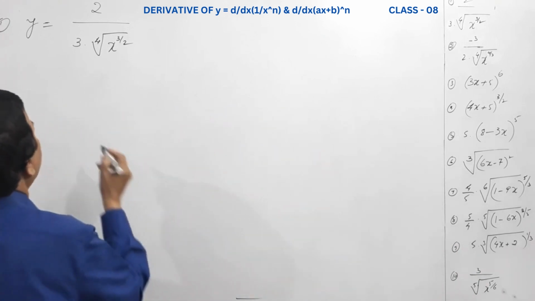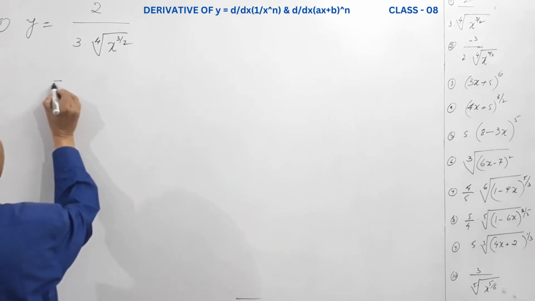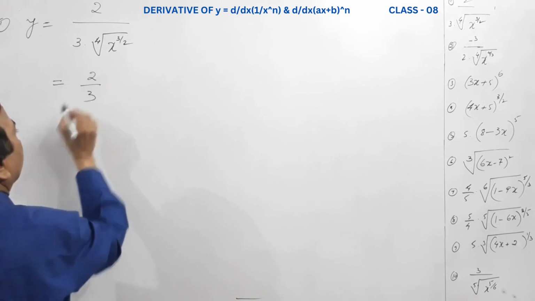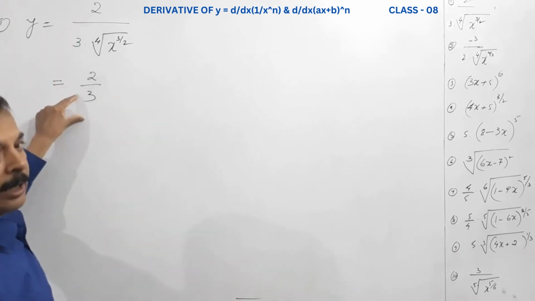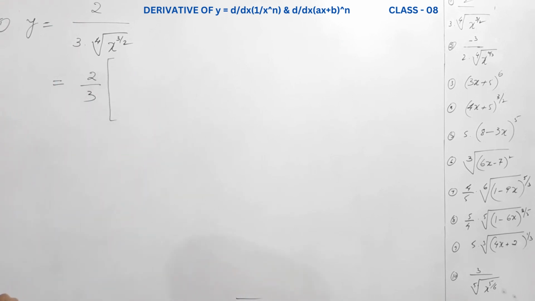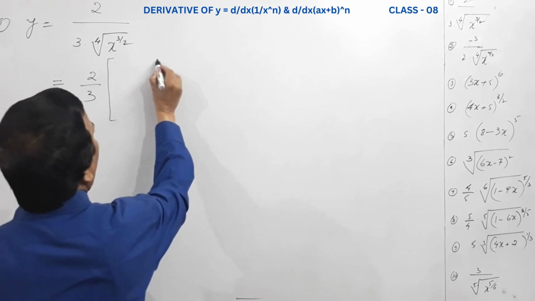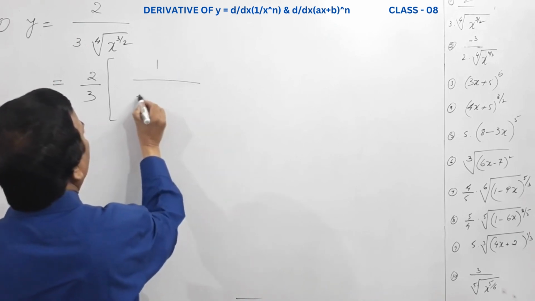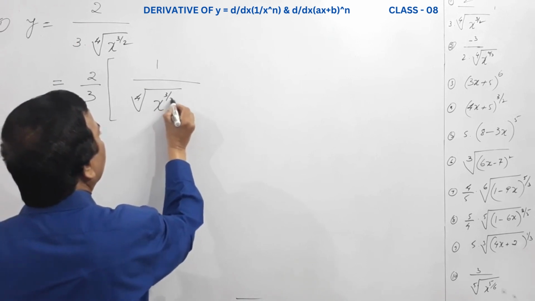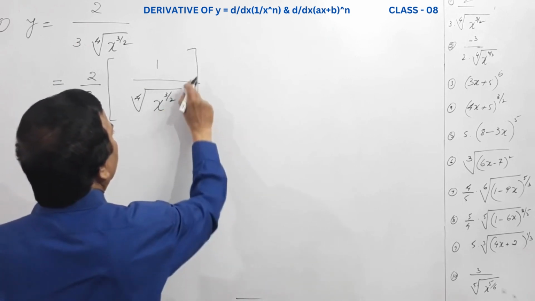So before applying the differentiation rule, we will take this 2 by 3 as it is, and put a square bracket, left with 1 by the fourth root of x to the power of 3 by 2.